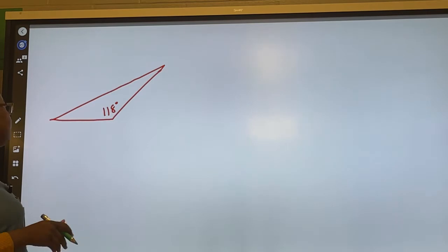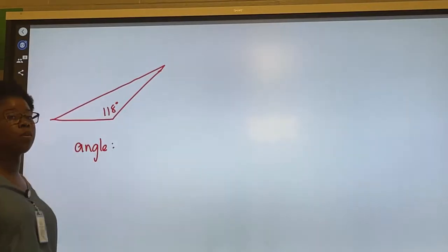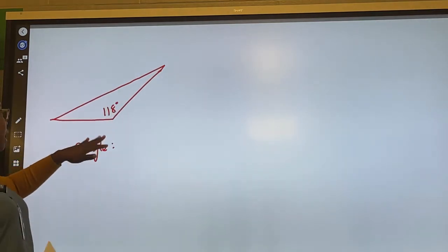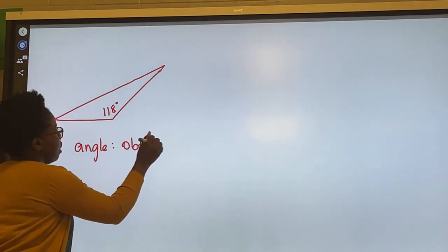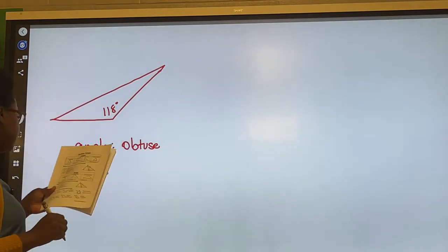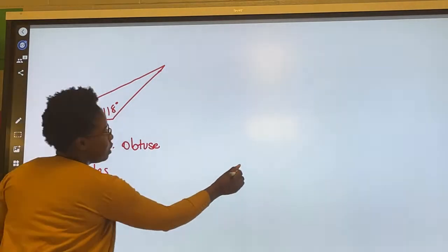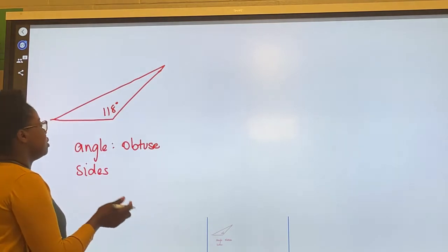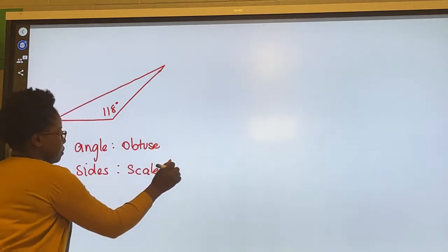You know that the largest angle here is 118. That is more than 90, but less than 180. So for the angle, it's going to be obtuse, and for the sides, no sides are equal because we don't see a line going through any of the sides. We're not given any measures, so we say it's obtuse, scalene.